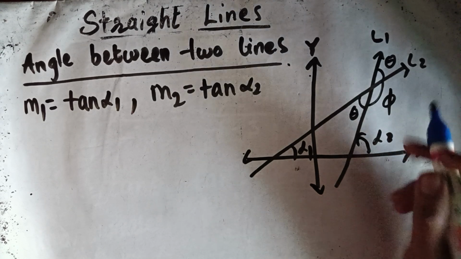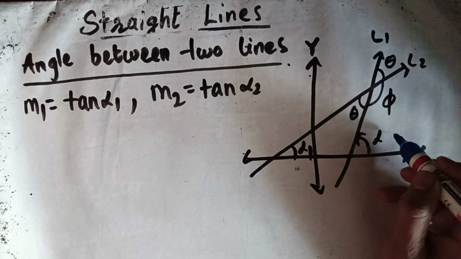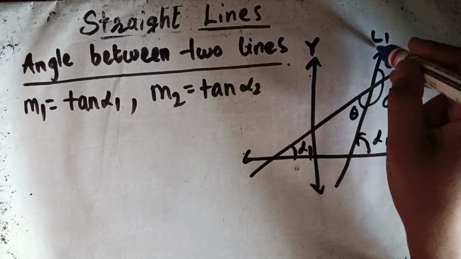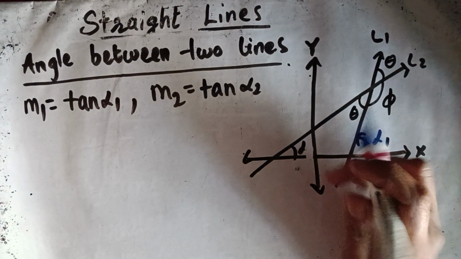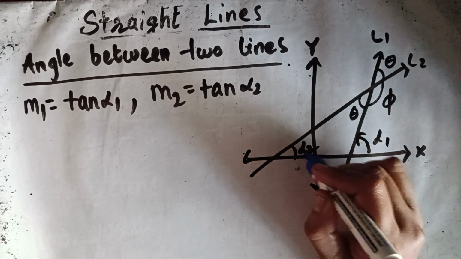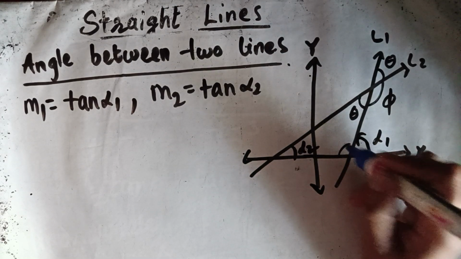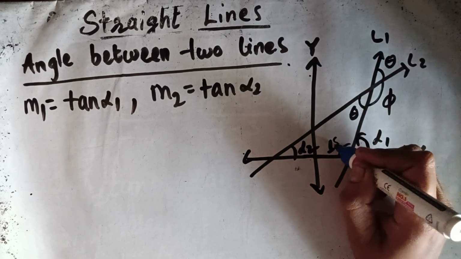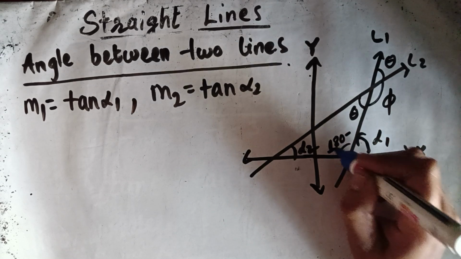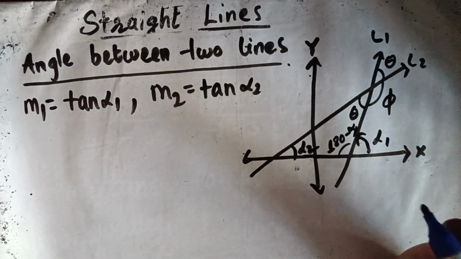If you take this as alpha 1, because it is with L1, and this is alpha 2, this is our 180 minus alpha 1.